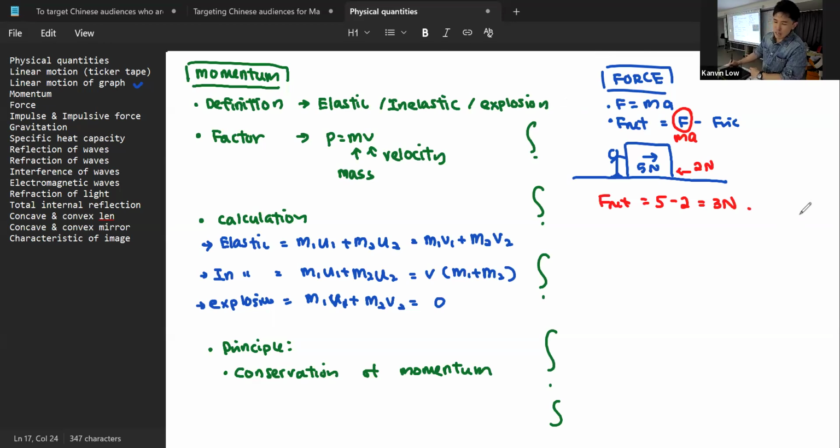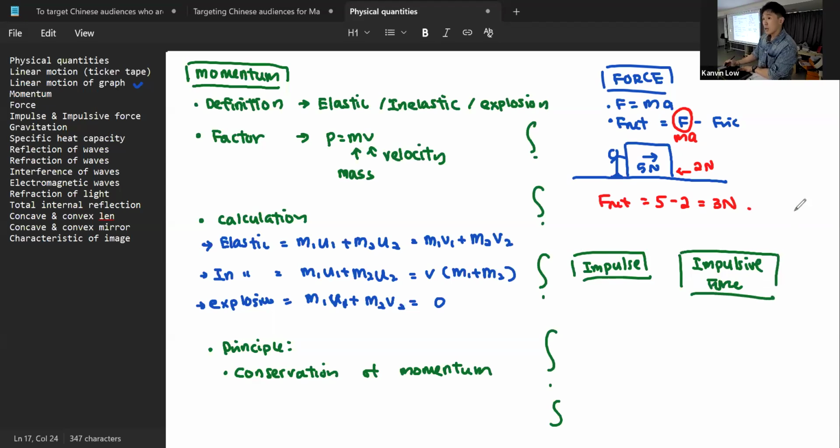And guys, impulse and impulsive force, I think all of you know. I have covered this many, many times and it will never miss. Guys, impulse and impulsive force, please do the questions here. Everything is here already. You need to know also the same definitions.